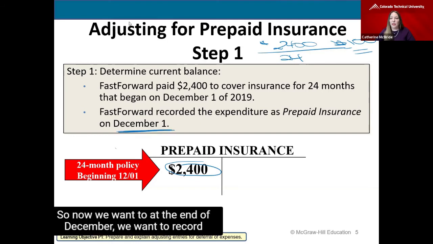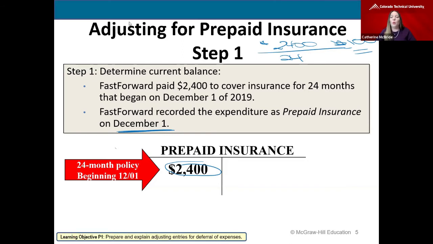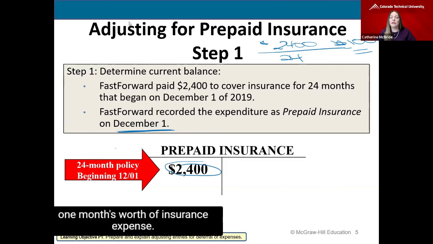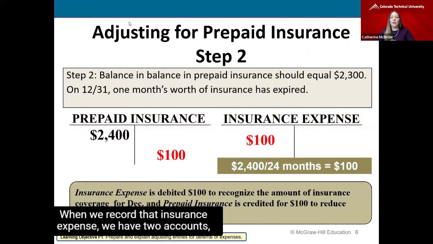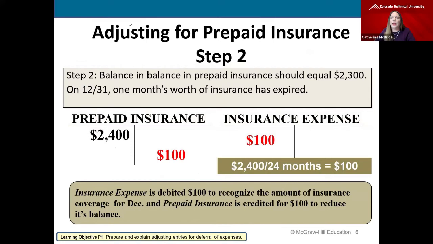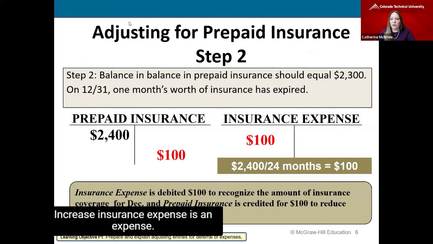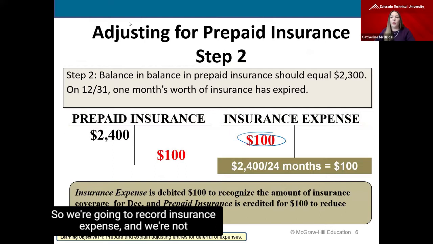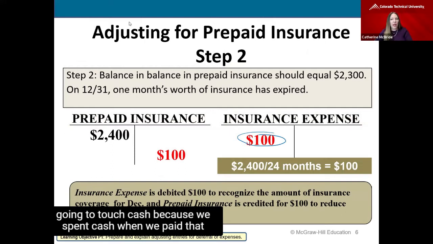So now at the end of December, we want to record 1 month's worth of insurance expense. When we record that insurance expense, we have two accounts, prepaid insurance and insurance expense. Insurance expense increased. Insurance expense is an expense. If we increase an expense, we debit it. So we're going to record insurance expense, and we're not going to touch cash because we spent cash when we paid that $2,400.